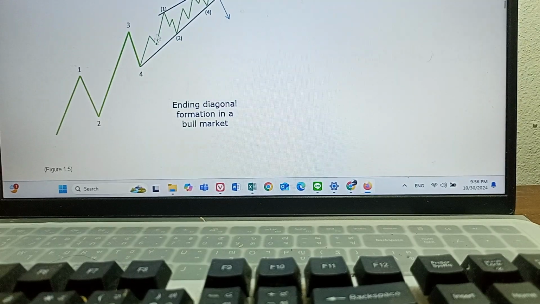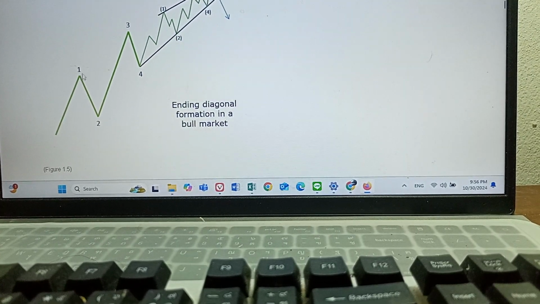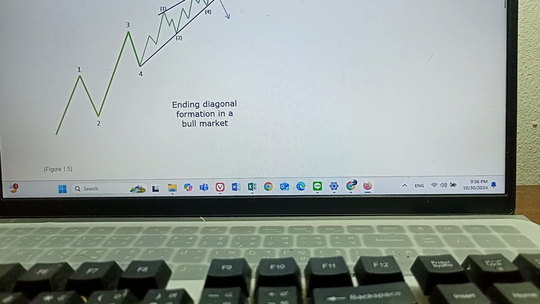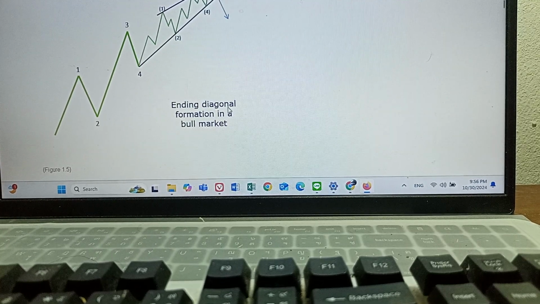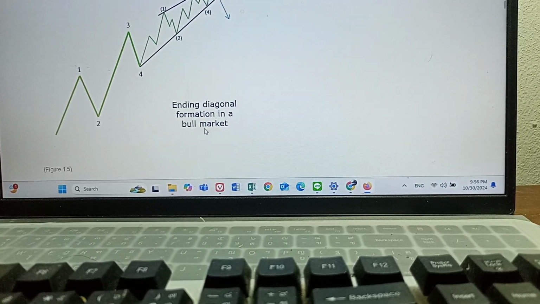Elliott Wave theory. An ending diagonal formation in the bull market.